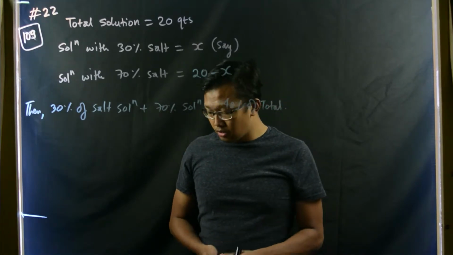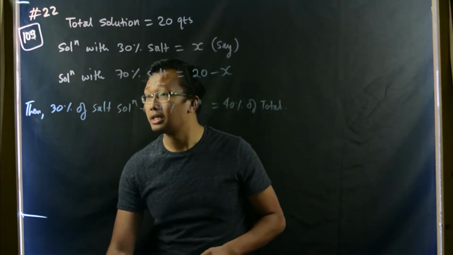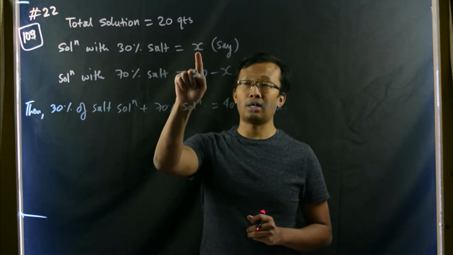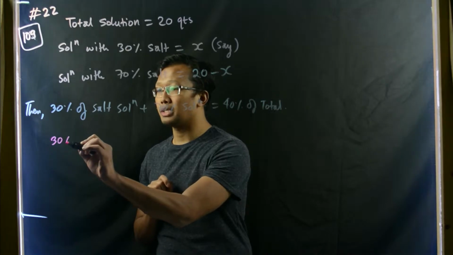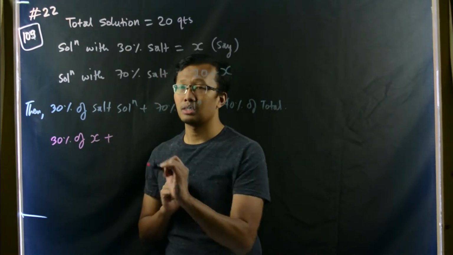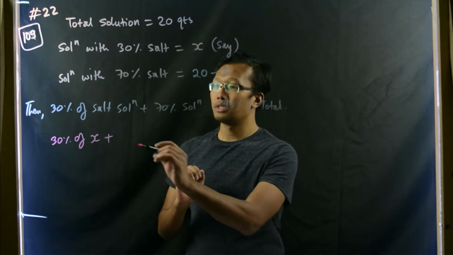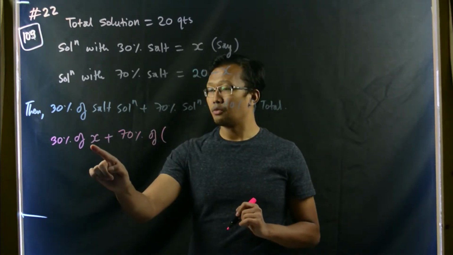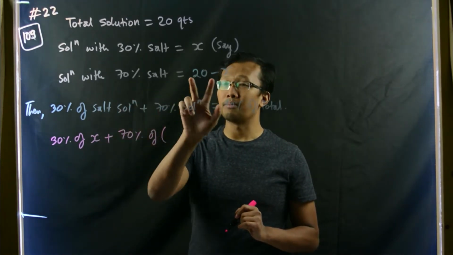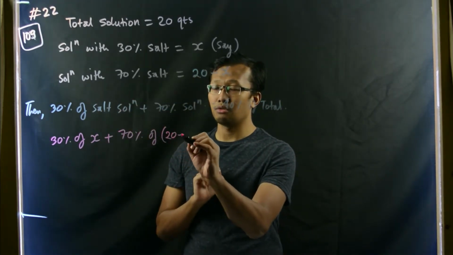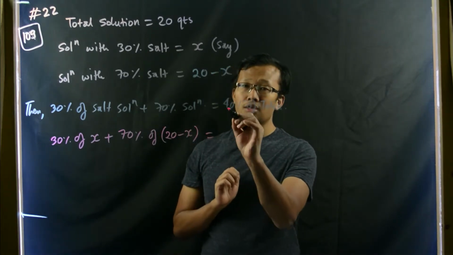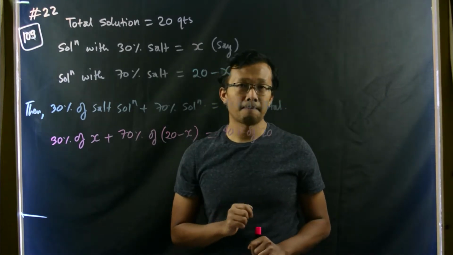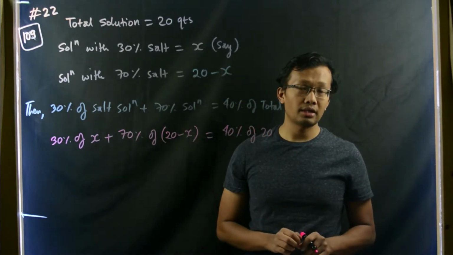So for the 30% salt solution we are mixing X quarts, so that would be 30% of X plus, for the second kind of salt solution which has 70% salt, since we want 20 quarts, we are mixing 20 minus X of the second type. So 40% of the total means 40% of 20 quarts. This is the equation that we require.